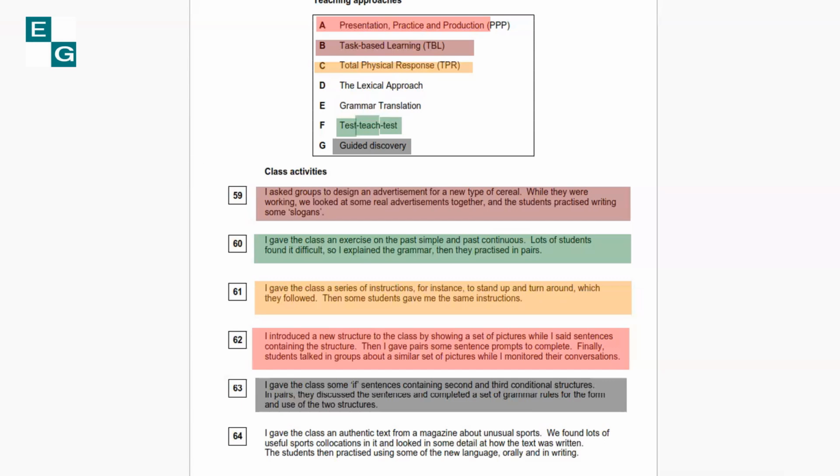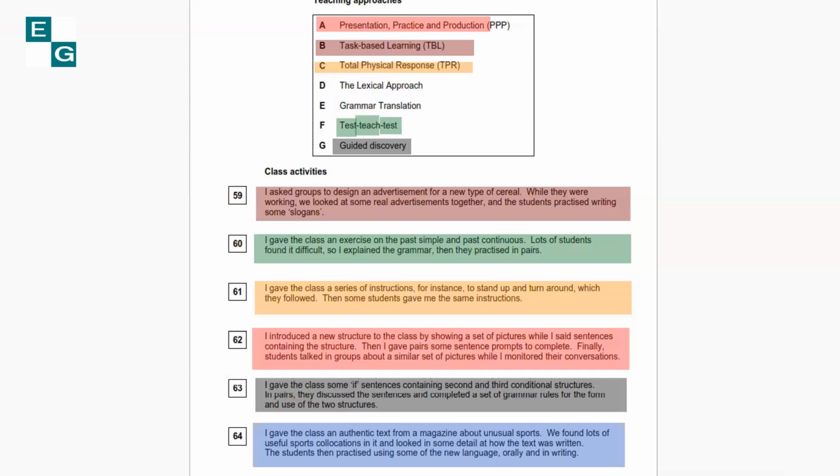Then we have number 64. And it says, I gave the class an authentic text from a magazine about unusual sports. We found lots of useful sports collocations in it, and I looked in some detail at how the text was written.